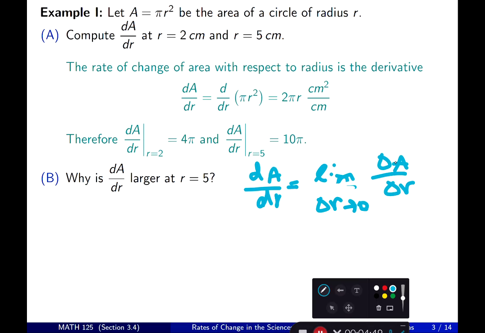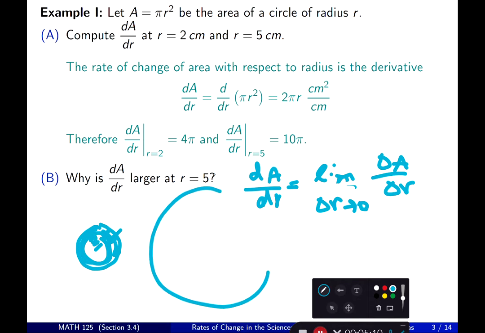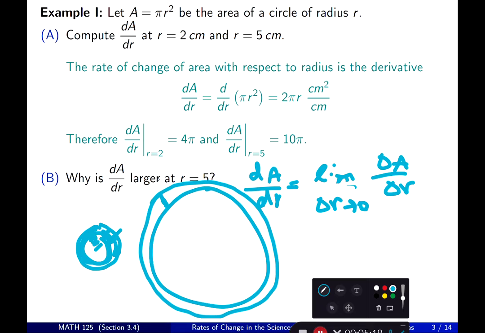Let's try to imagine at r equals 2, whatever change delta r makes a little ring down here, right? Now if I have r equals 5 and the same delta r, it makes this type of change.